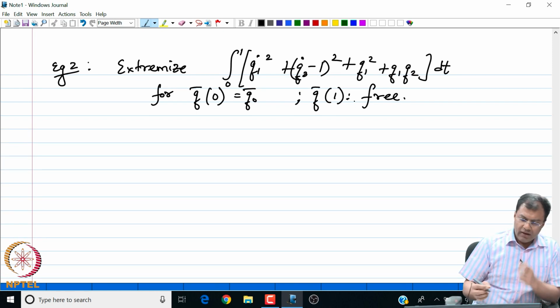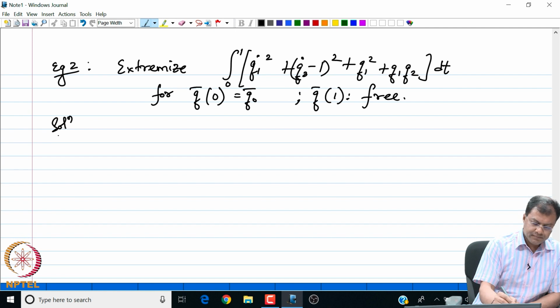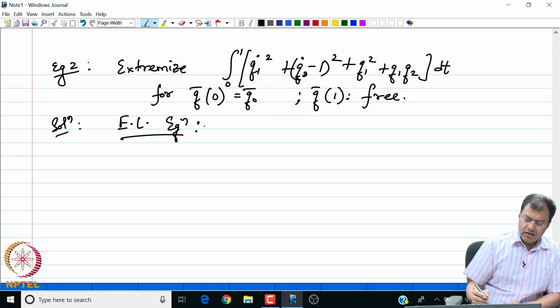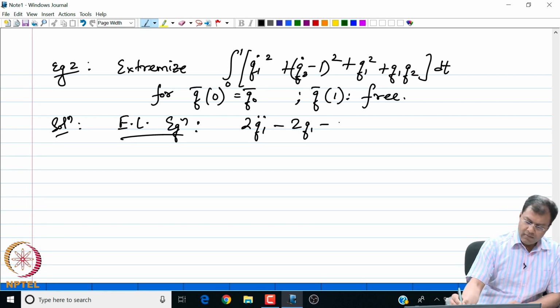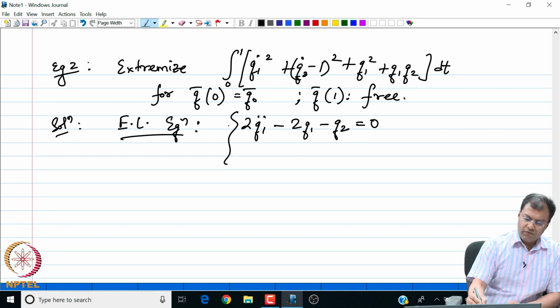Okay. So, again we impose the Euler-Lagrange constraint. The system of Euler-Lagrange equations is as follows. I get two Euler-Lagrange equations: 2 q1 minus... q1 dot dot minus q2, this is for the first component, and for the second component I get 2 q2 dot minus q1, this is also equal to 0.